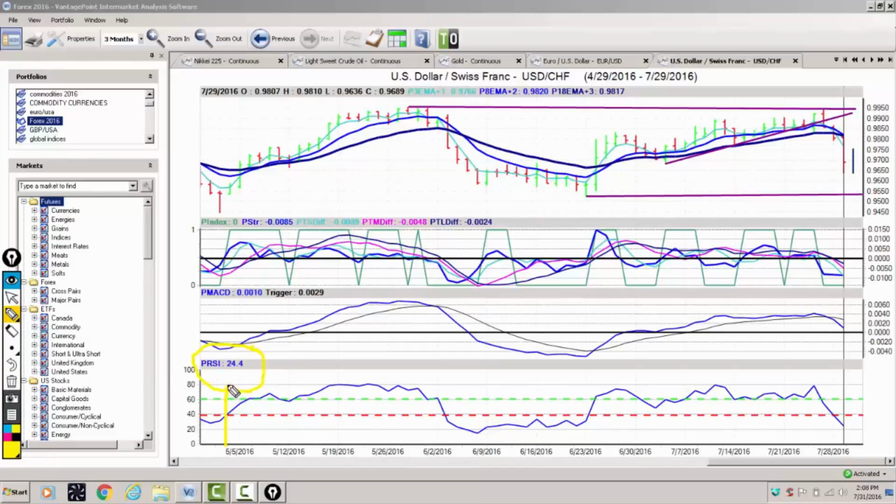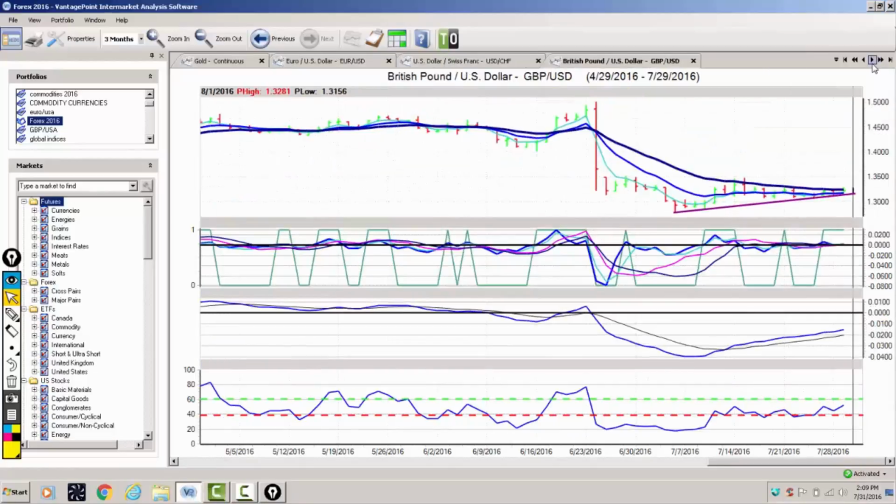We're at about 24.4. So once we get below 20 on the predicted RSI, basically, we're on alert here for a potential short trade, or a potential long trade. So I think we have a little bit more downside, but we definitely want to start considering long trades towards the latter part of the week. Wednesday, Thursday, I think longs will work quite well.